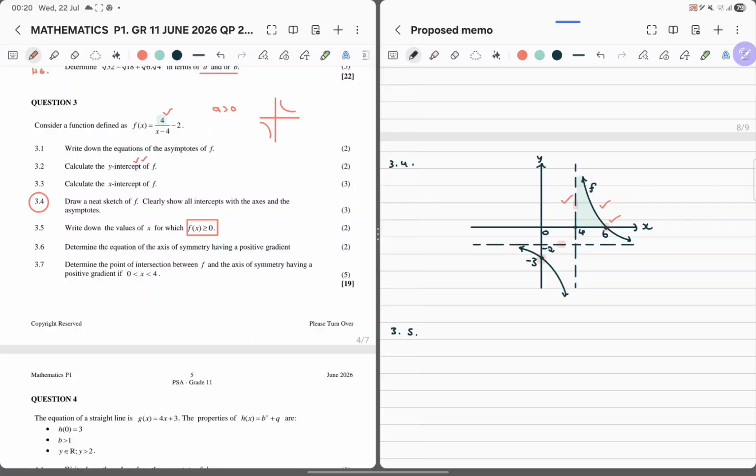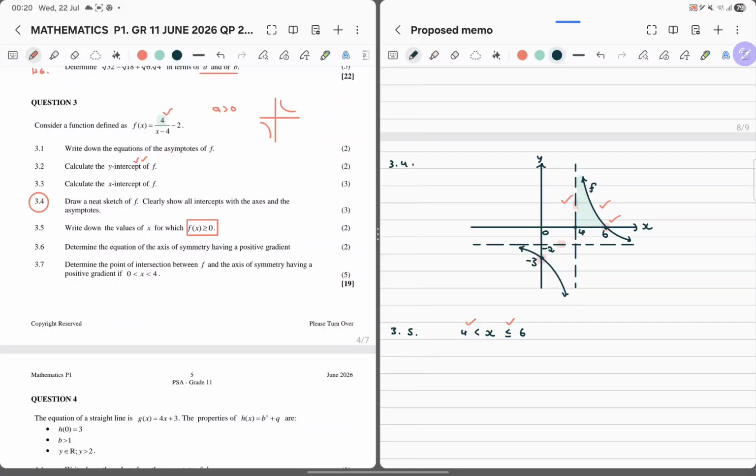So folks, that is the region there. Okay, you can see that this is the only place where f of x is greater than 0, and it is equal to 0 at 6. So we can write here x must be less than or equal to 6, but certainly greater than 4 because that's an asymptote. Usually for this we get 2 marks.